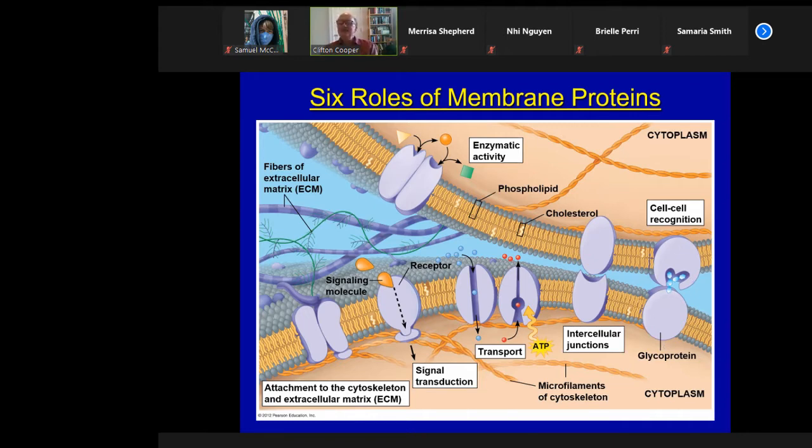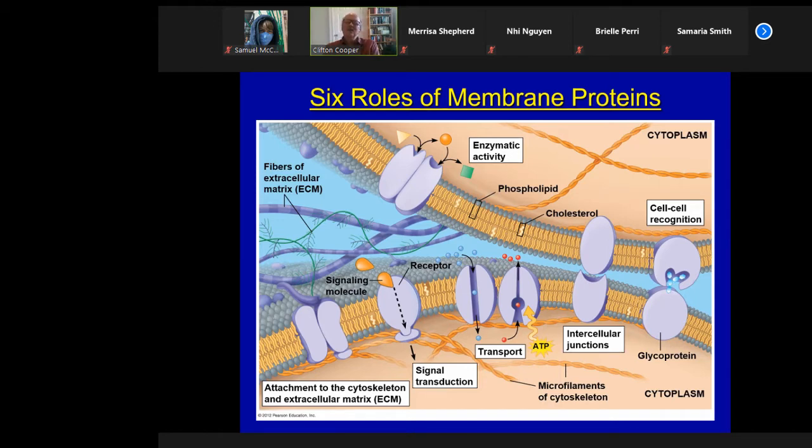If it doesn't have the right group of sugars, then the white blood cell will go on the warpath against the cell that doesn't have the right identification. And that's the basis of tissue rejection. If somebody has an organ transplanted and their body rejects the organ, it's because their defensive cells don't like what they see right here.